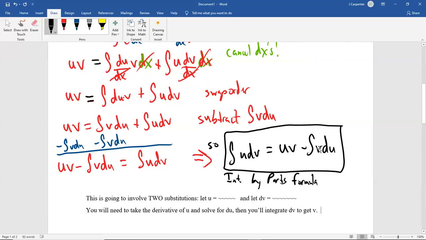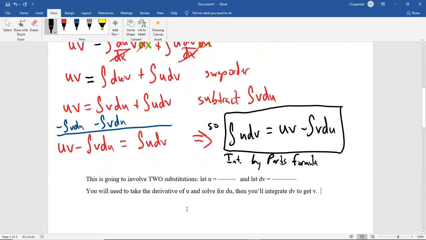You'll have to plug in the v and the du and then integrate that. So again, part of this initial process will involve a derivative and an integral. You plug things in here, and then you will actually end up integrating part of it. Again, this first part does not have an integral. The second part does. This, again, is typically used when substitution fails.